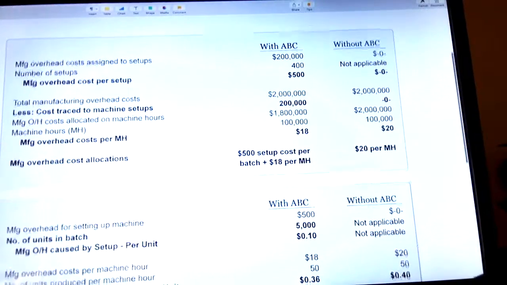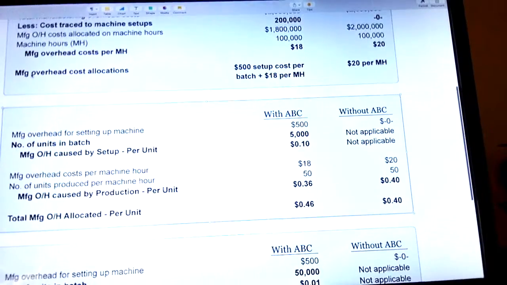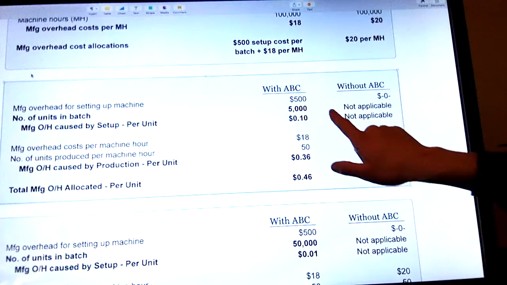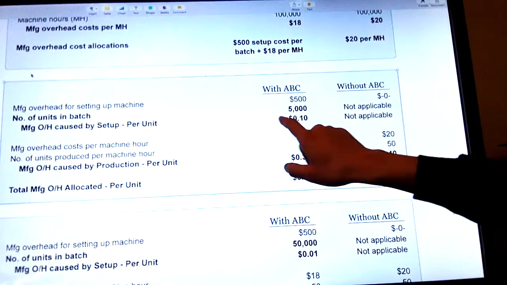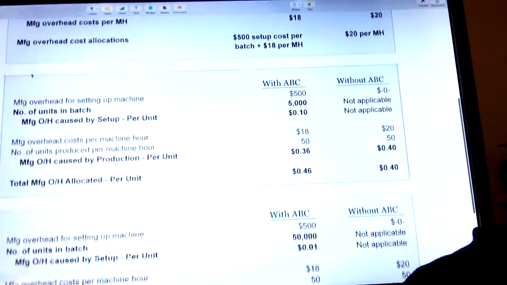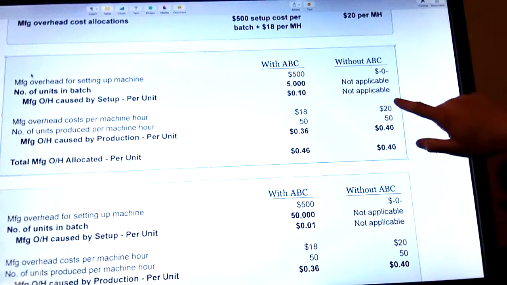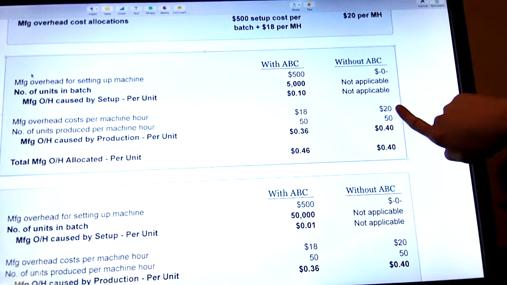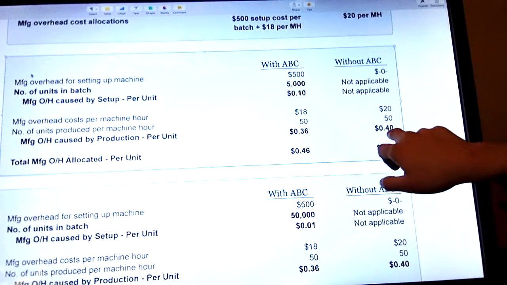That's what we're going to say the setup costs are. And that's going to equal 10 cents per unit of overhead. Instead of doing that on this side, we have our $20 per machine hour, and then we have the number of units produced per machine hour, which is 50. And that's going to give us our per unit overhead of production.